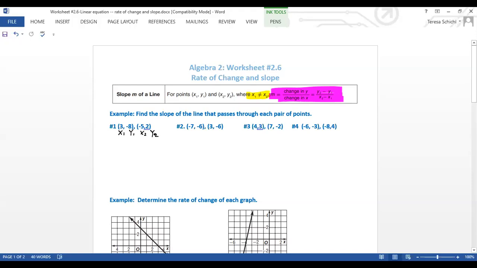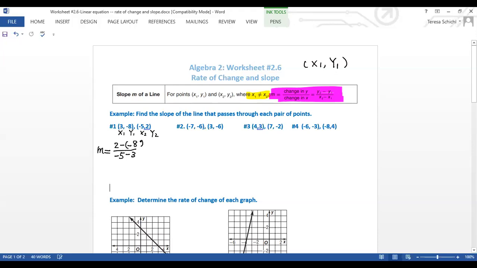The first coordinate is x and the second coordinate is y. Let's plug into the formula. What is x2? It's -5 minus 3. Then y2 minus y1, so it's 2 minus -8.